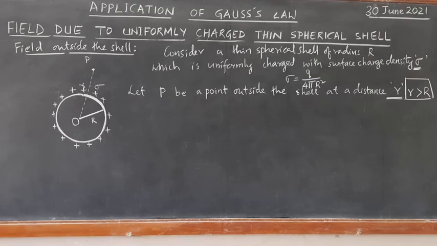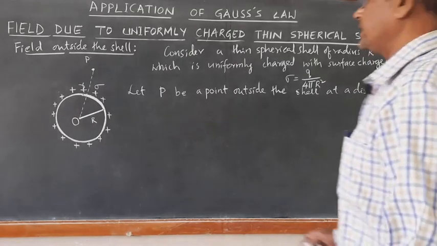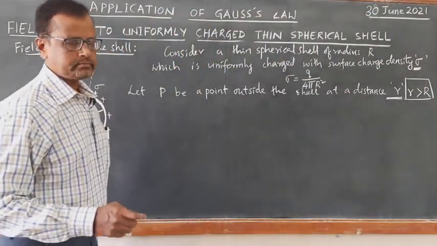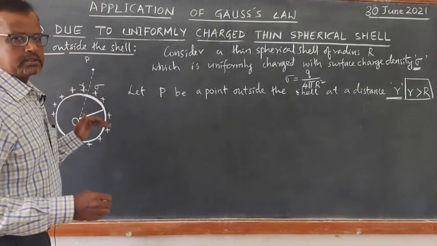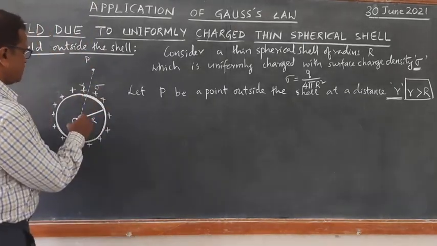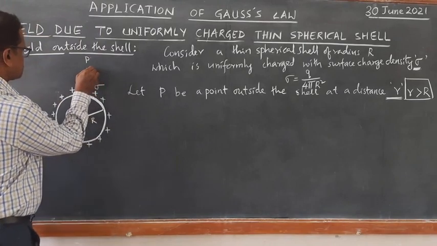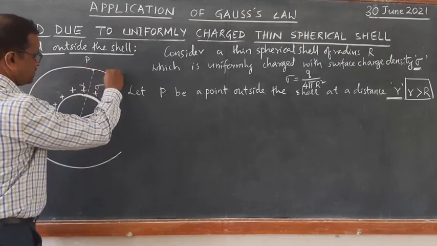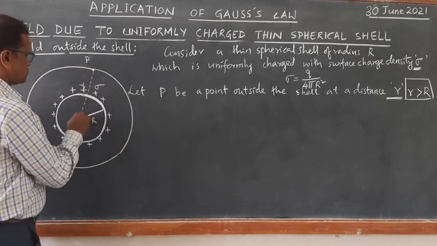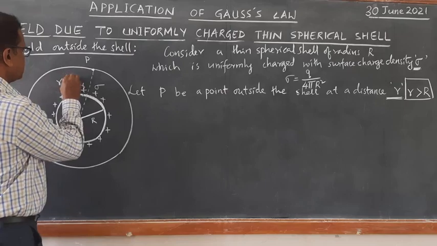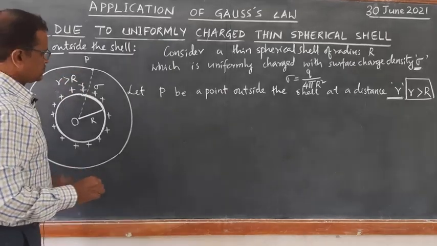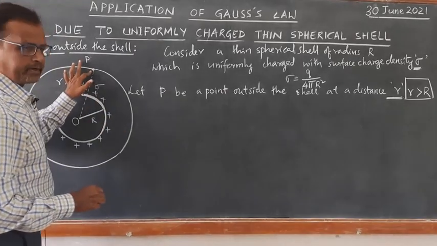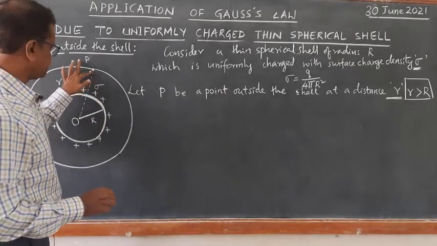Now, to find the electric field at a point outside the shell, we need to construct a Gaussian sphere of radius small r, such that this small r is greater than capital R, so that this Gaussian sphere includes the point P where we would like to find out electric field.